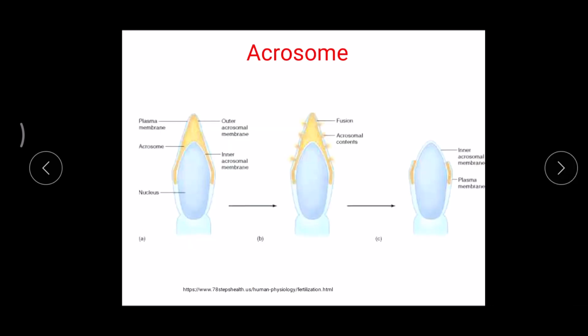Now before proceeding, let's have a look at the acrosome structure. The acrosome is located in the sperm head, and it is an organelle that contains lytic enzymes.